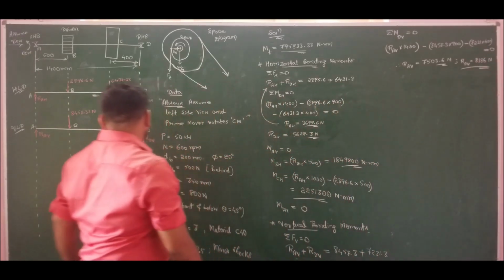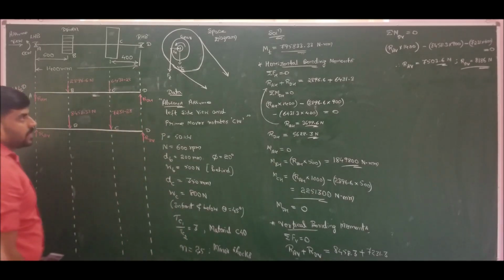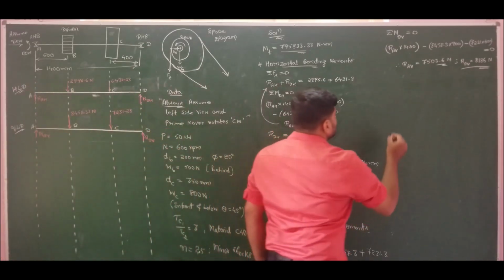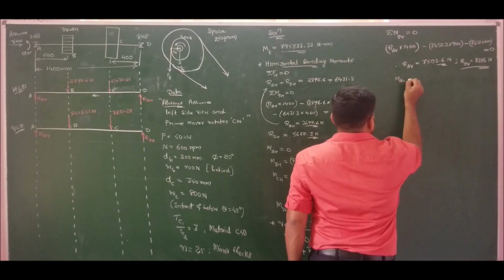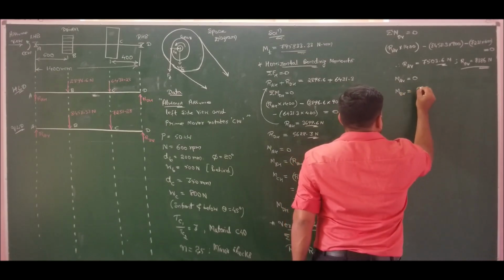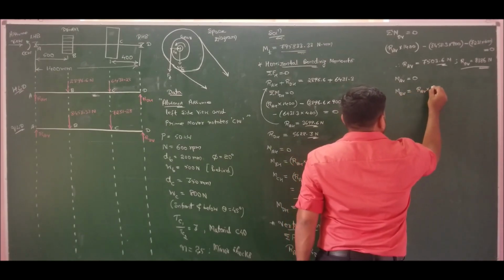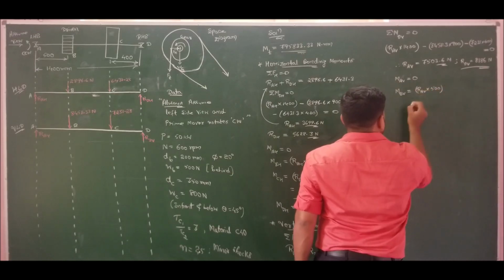So we have calculated all the forces. Now I can find the bending moment. So coming to bending moment, moment about A vertical is 0. Moment at B vertical will be RA vertical into distance 500.